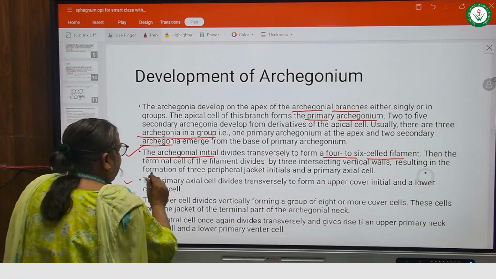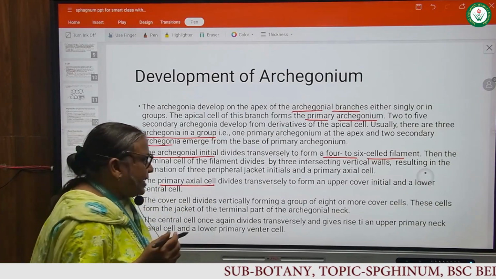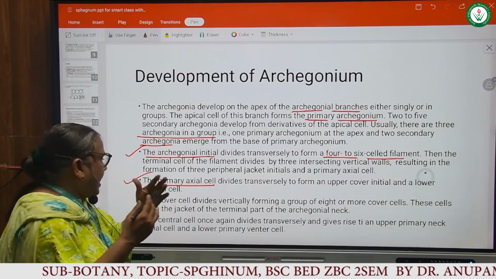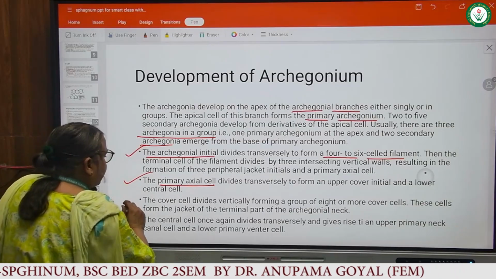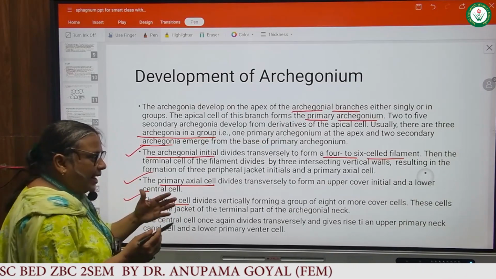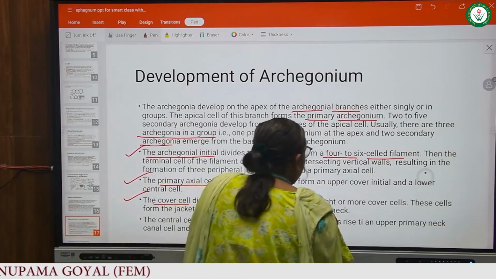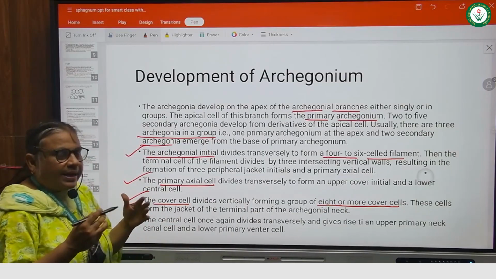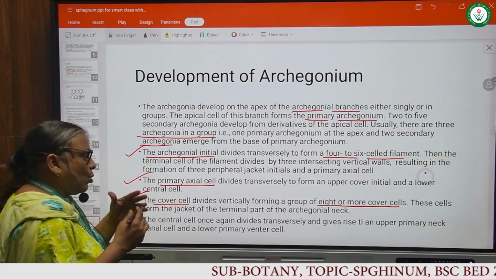The primary axial cell divides transversely to form an upper cover initial and a lower central cell. The cover cell divides vertically, forming a group of 8 or more cover cells. These cells form the jacket of the terminal part of the archegonial neck.